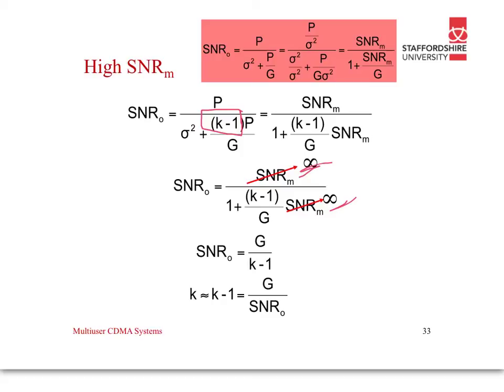So we will have G, infinity over 1 is going to be infinity, plus K minus 1 over G. Invert this, G over K minus 1. K is approximately equal to K minus 1. So K equals G over the signal to noise ratio at the output.